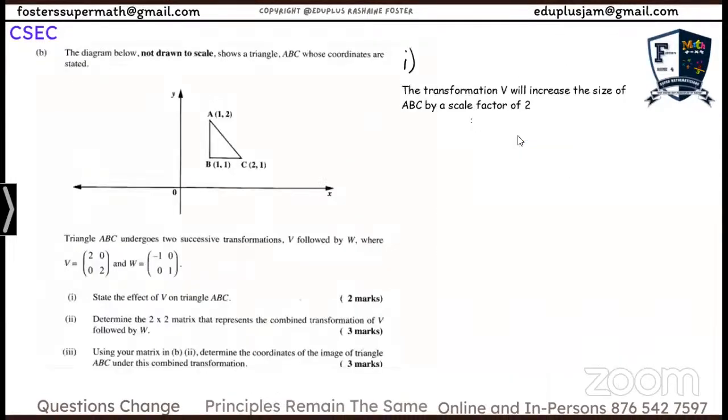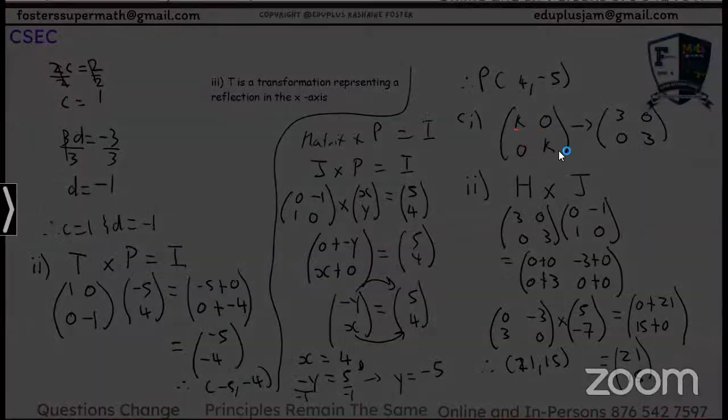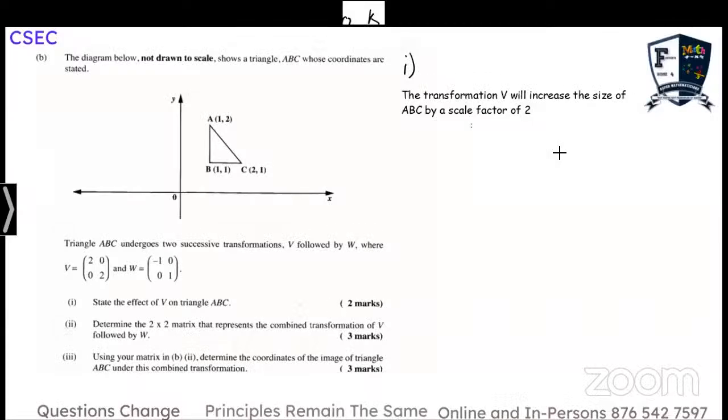People, you have to apply the information every time you see it. So the scale factor is simply 2 right there. And as you can see, the 2s are in the same position that the Ks are in right here. Do you know what this is?